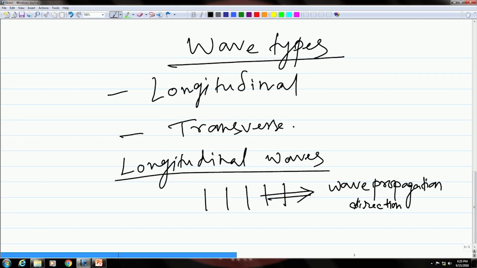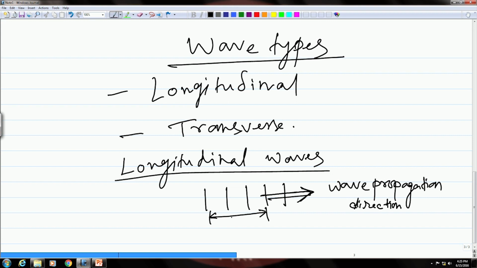So, there is a movement of the particles or the atoms inside the medium. In this case, the direction of particle movement is parallel to the direction of the movement of the wave.